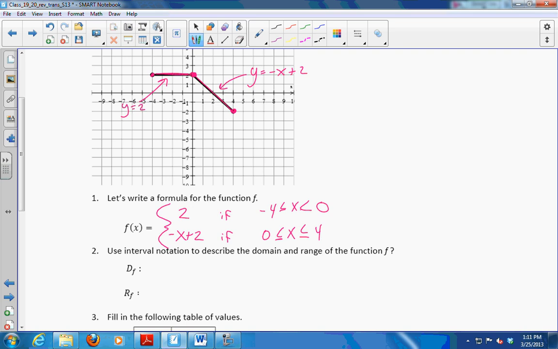And if I switched it, if I had this or equal to and this one not, then this would say -4 to 0, including both endpoints. And then this one would say 0 to 4, not including the 0 and including the 4, and you end up with the exact same picture. So you can put it on both. It's just sort of proper form would be to have it on one and not the other.